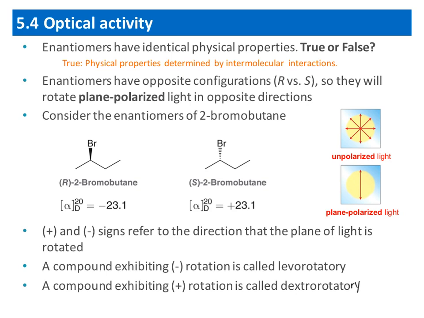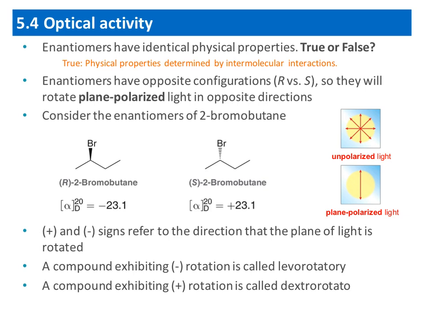Spatial arrangements can't influence these interactions or change them. For example, in these two examples, in one of them bromine is going backward, the other one is coming towards us. But this difference cannot influence the physical properties.